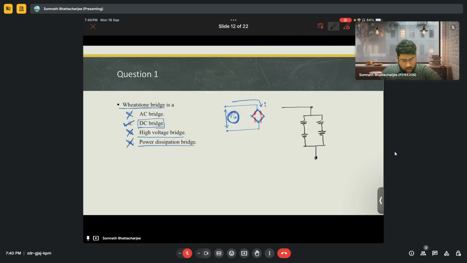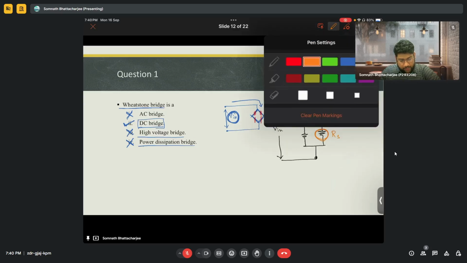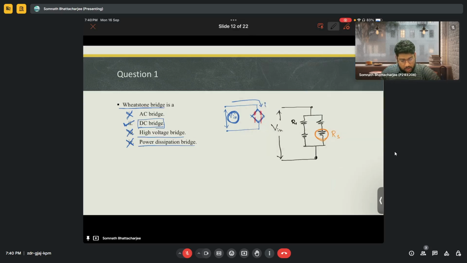From this point to this point, there is a voltage of V in, and let's say this one is our sensor, that is RS, this one is R1, this one is R2, and this one is R3. So in balanced condition, it will be R1 equals R2 by R3 by RS. This is in the balanced condition.